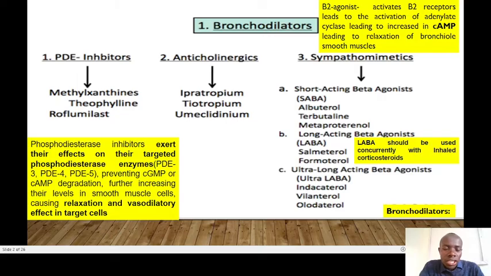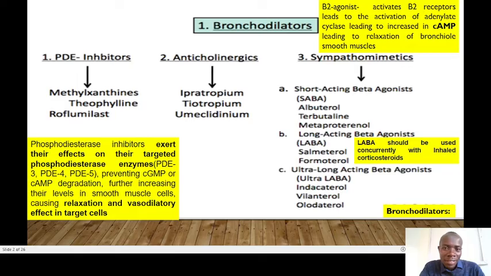The second group of bronchodilators is what we refer to as anticholinergics, and this one they just bind to the M1, M2, M3 muscarinic receptors. Of course, we're going to see that the main muscarinic receptor in this case is the M3.